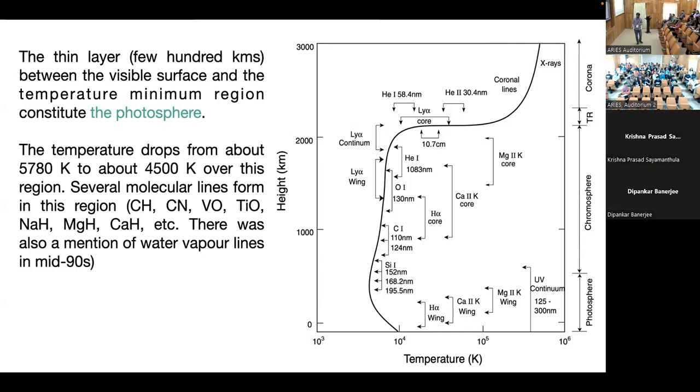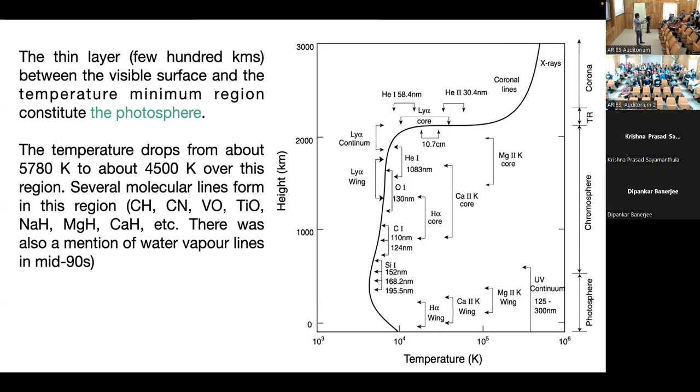In fact, in the mid-90s, there was a huge public news that there is water on the sun, because they detected water vapor lines in the sun. The ideal place would be this temperature minimum region, but even that is not enough. Then you see a stronger field, strong sunspot field.